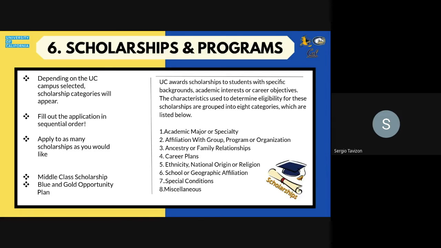So make sure that you answer all these questions and apply to as many scholarships as needed. In addition to these scholarships, there is also a Middle Class Scholarship and a Blue and Gold Opportunity Scholarship as well. It depends on the household income and on the financial aid that you will be applying for as well.